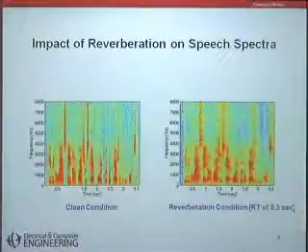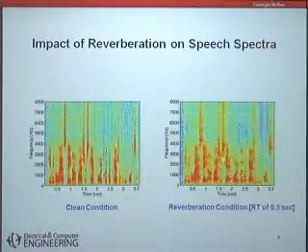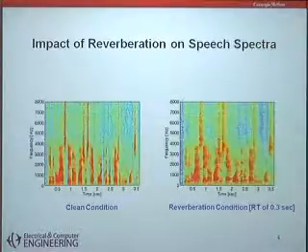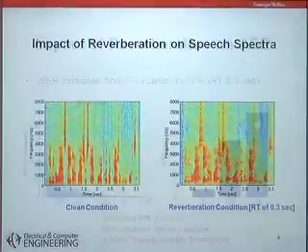So the problem is that if we do our training on clean speech, we're really not going to do a good job testing on reverberated speech. And even if we do matched condition training, because the phenomenon of reverberation depends on the sound which comes before the current sound, even the matched condition is not going to do very well. We will see those later.